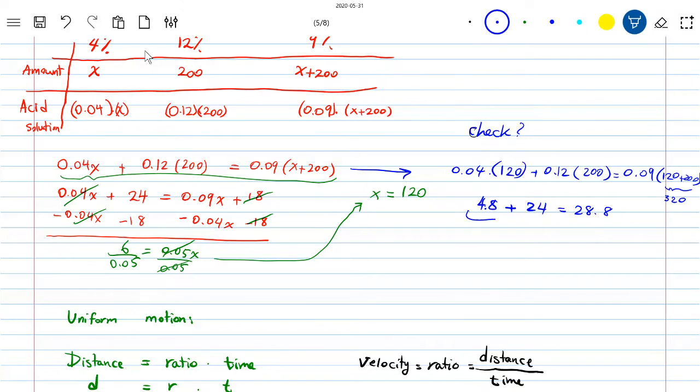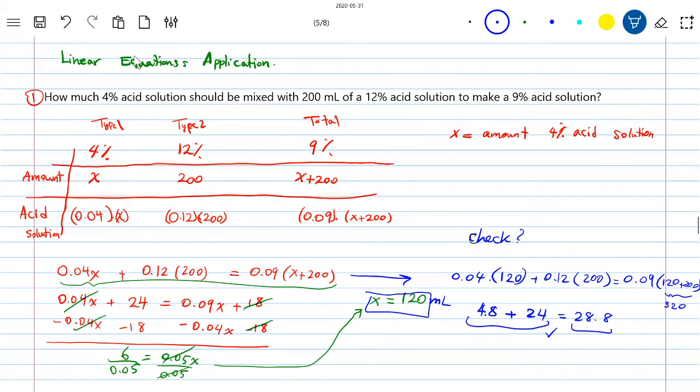Yes, and if you add the left side, 24 plus 4.8 is 28.8, so you have a true statement. So this is our solution. This is the amount in milliliters of the 4% acid solution that you need to mix.